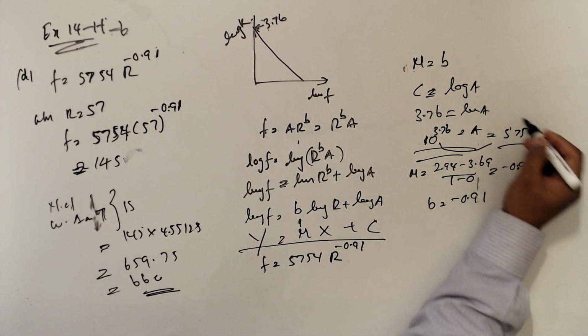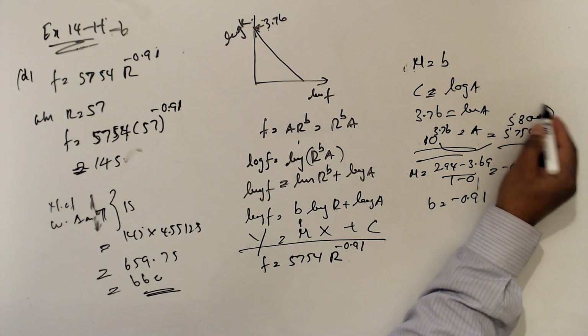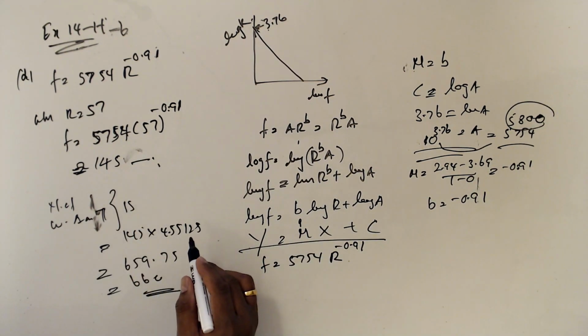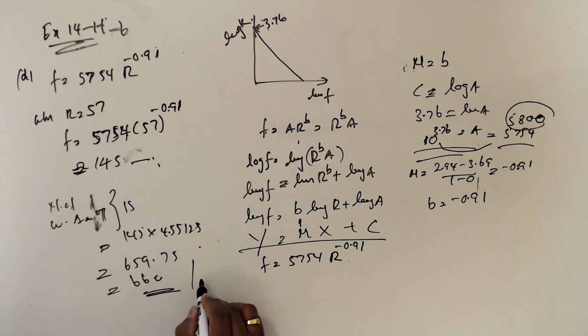If you approximate this to 5800, then your answer may vary, and you will get around 690 something.